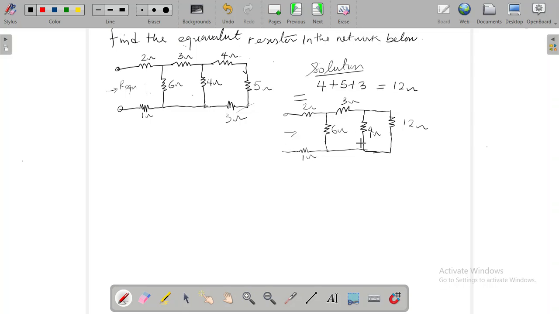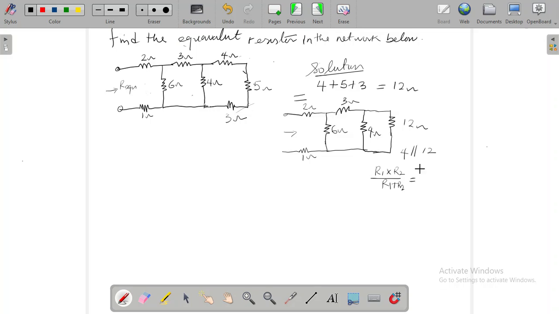So moving forward, now we have 2 resistors in this last loop here. You can see that the 2 resistors are in parallel. So the next thing to do is to resolve these 2 resistances. So it is 4 parallel 12. And remember, to resolve resistors in parallel, we do R1 times R2 over R1 plus R2.